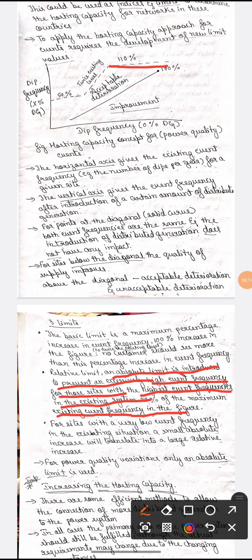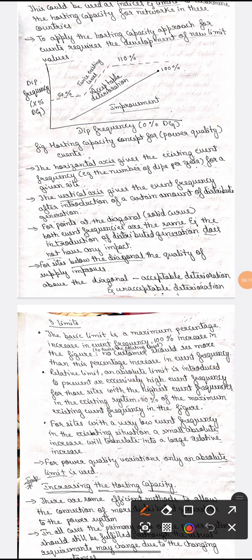That is the limit. The next limit is for sites with a very low event frequency. For sites with very low event frequencies in the existing situation, a small absolute increase will translate into a large relative increase.